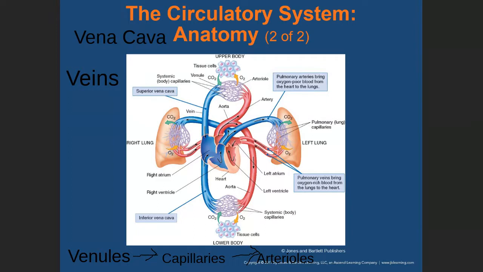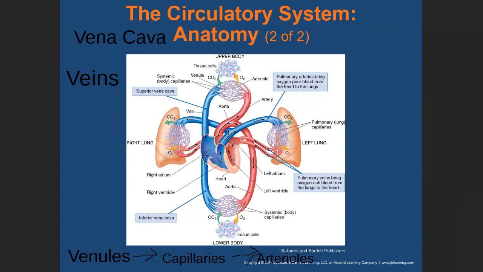Let us review. The aorta is the largest artery within the body. The aorta divides into the ascending aorta and descending aorta, right? The aorta will break down into arteries. Arteries break down into arterioles. Arterioles are the smallest arteries within the body. The arteries carry blood under high pressure, right?